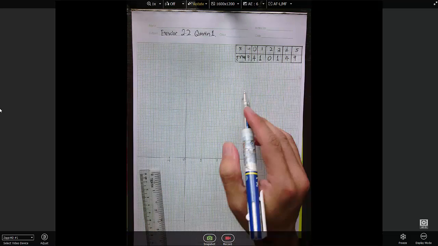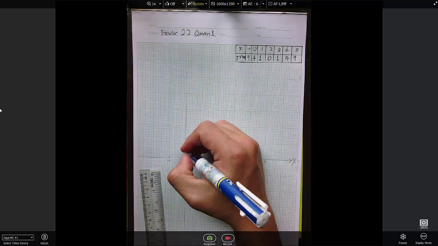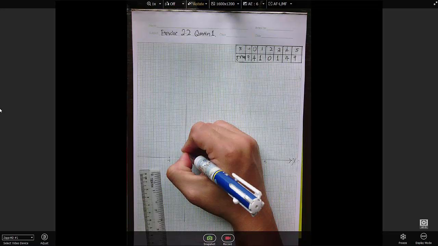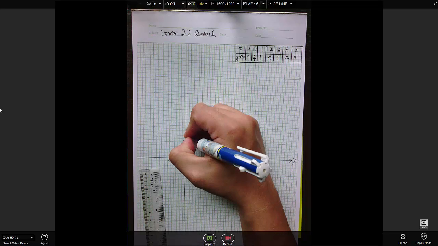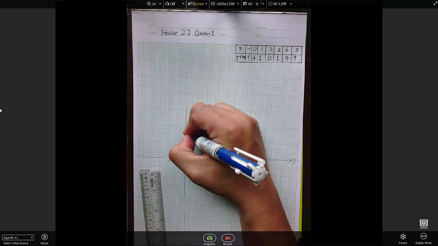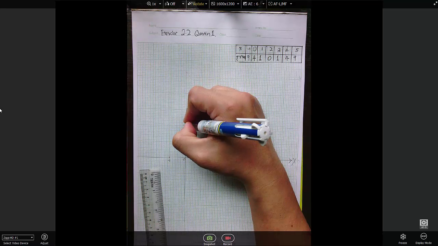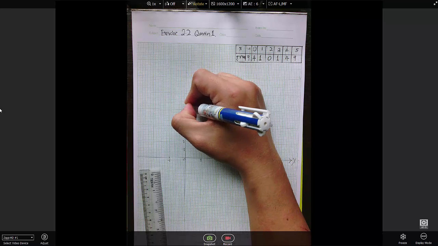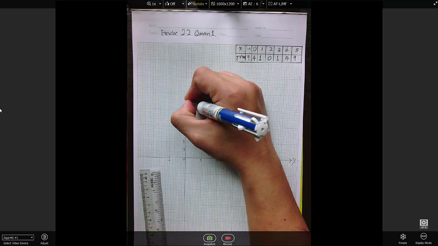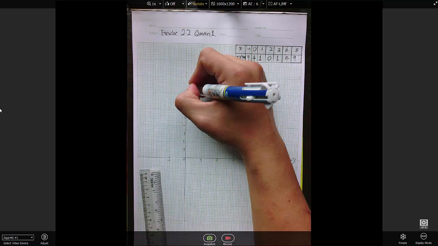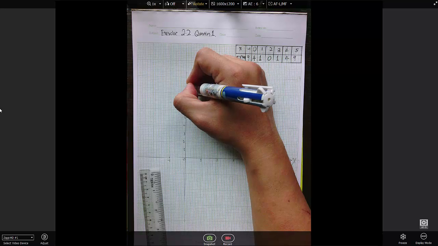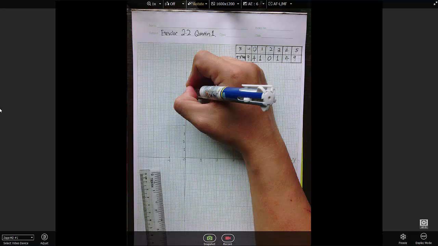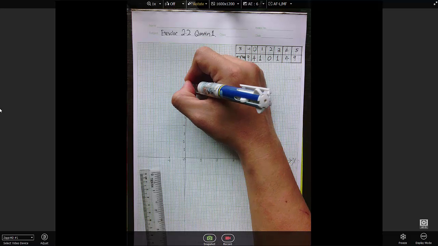So here my y values go to 9. So 1 cm is 1. So 1, 2, 3, 4, 5, 6, 7, 8, and 9.